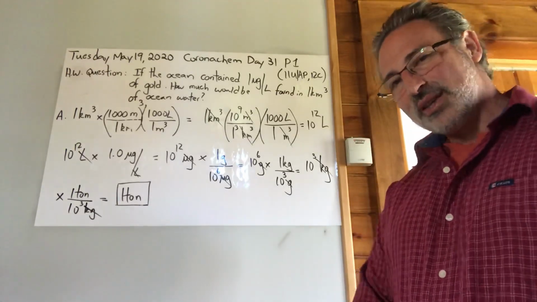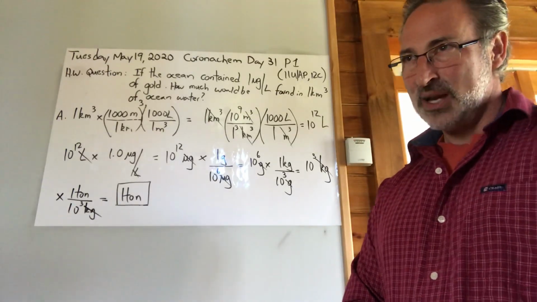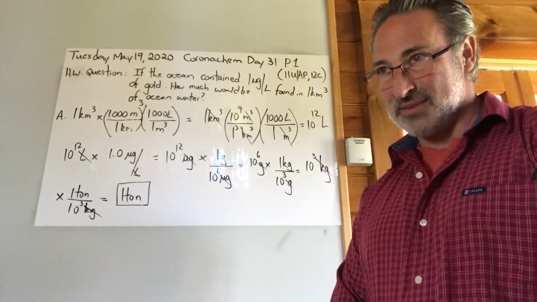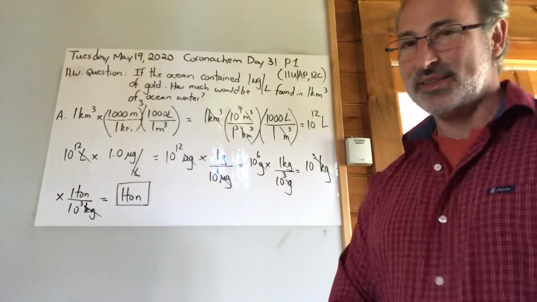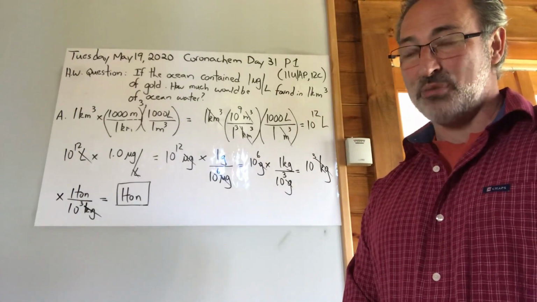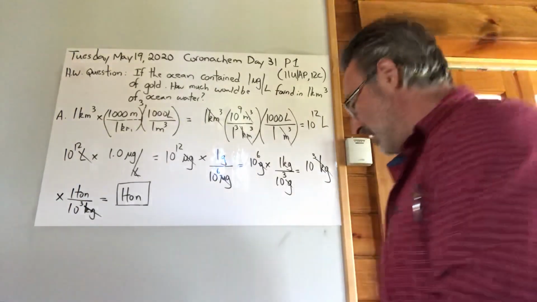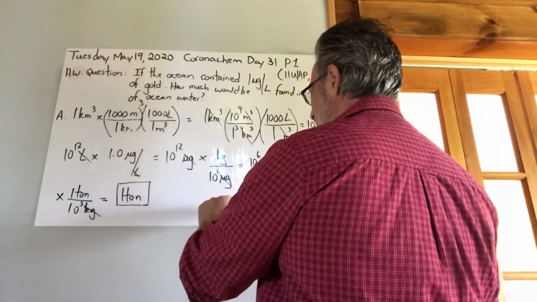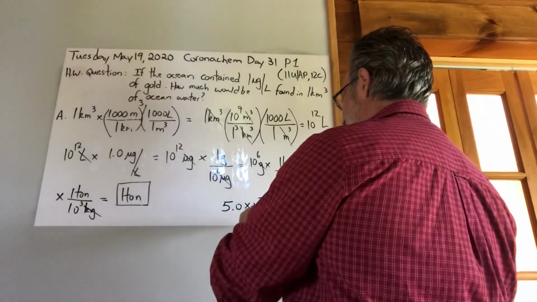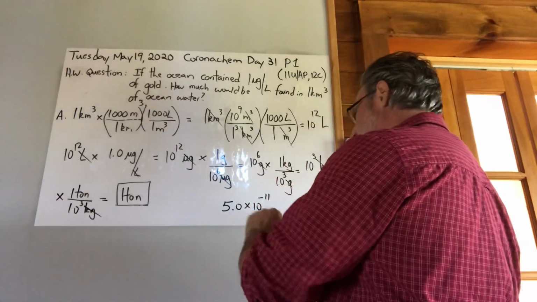As it turns out, the concentration is actually 5.0 times 10 to the minus 9% by mass. So if it's a percent by mass, it would turn into 5.0 times 10 to the minus 11 parts.